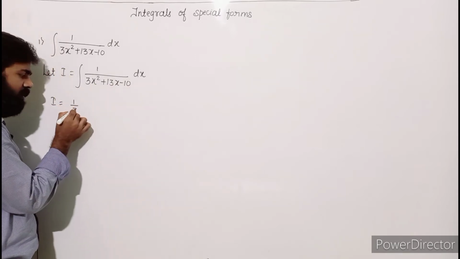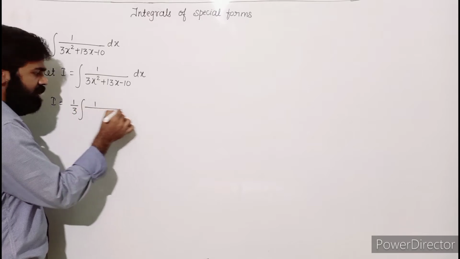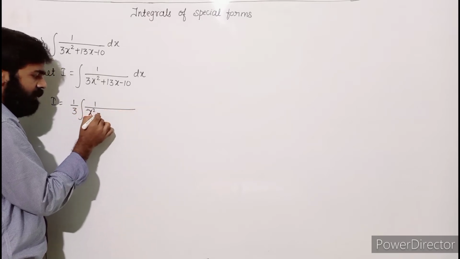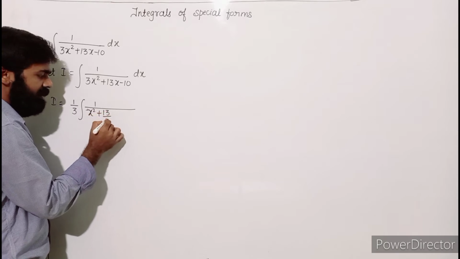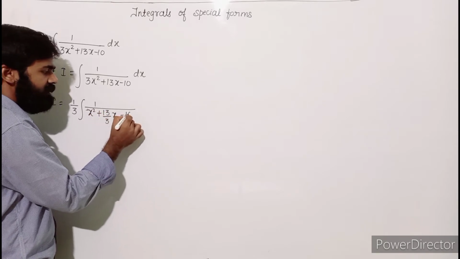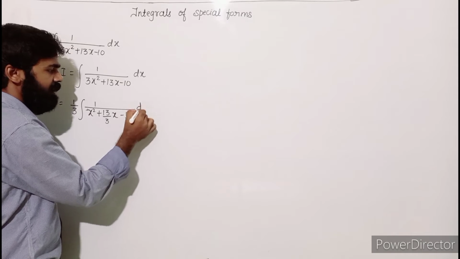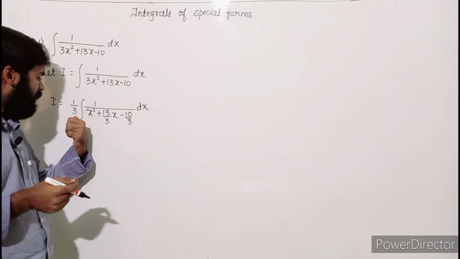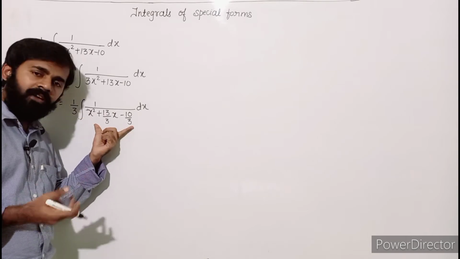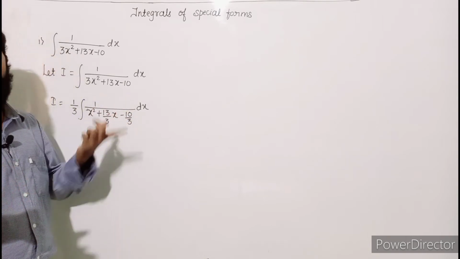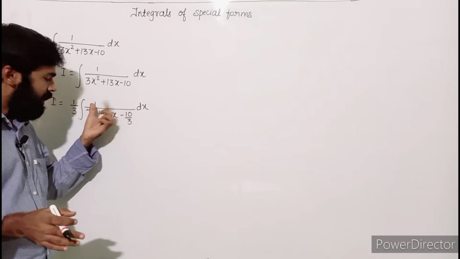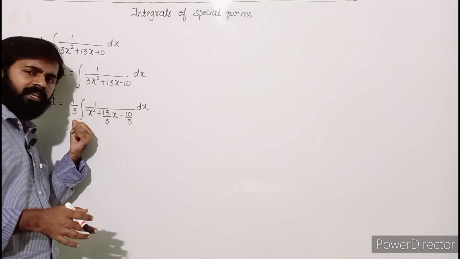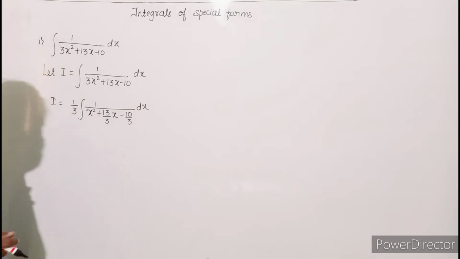If I take 3 common from the denominator, inside we get x square plus 13 by 3 x minus 10 by 3 dx. Right? It is like multiplying by 3 outside, dividing by 3 inside, to the denominator.